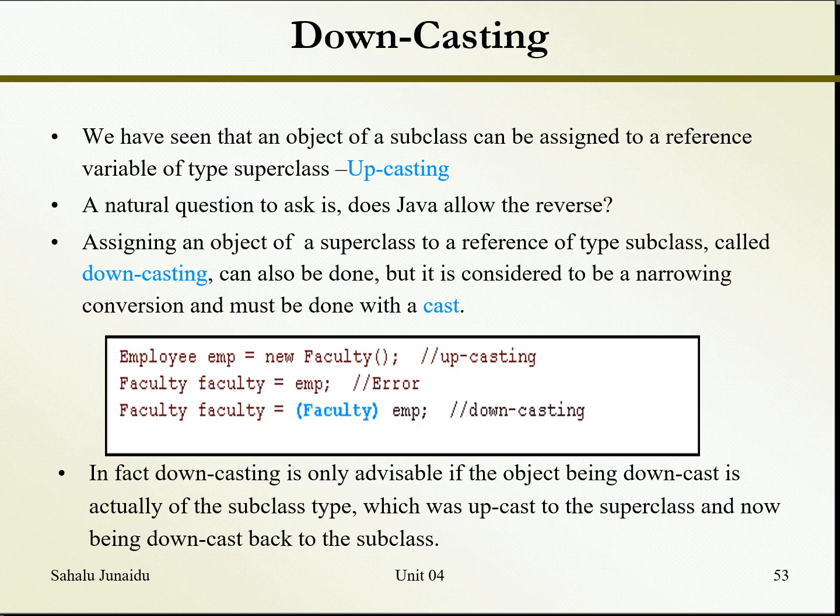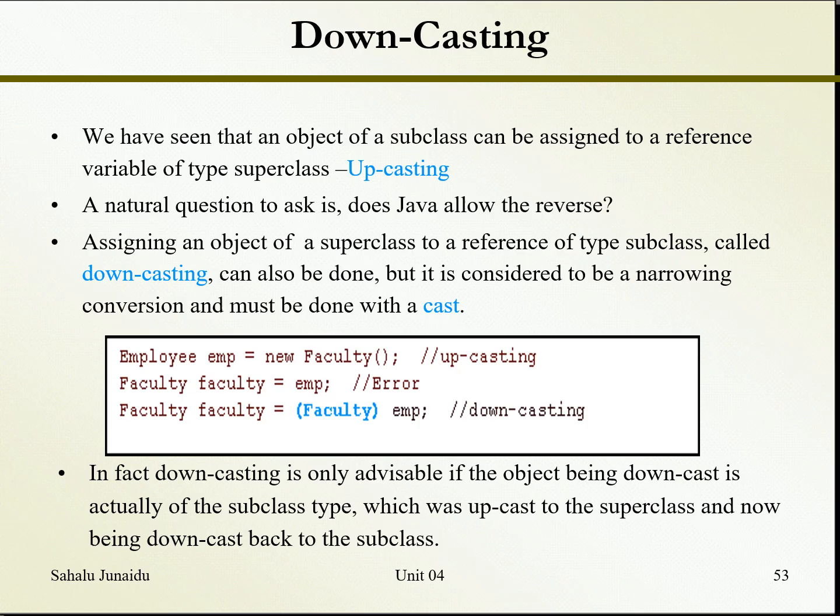In this case, we have to cast it. So we wrap it in the bracket and then we convert it. So that is the reverse. We convert from subclass to superclass, and then from that superclass, to convert it back to its own subclass, we then cast.